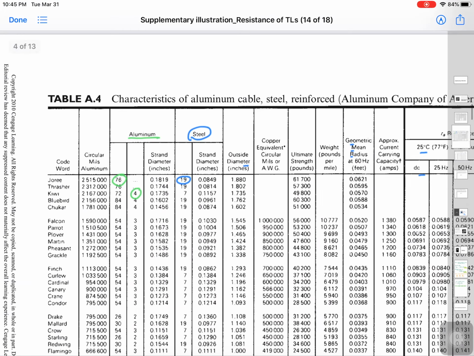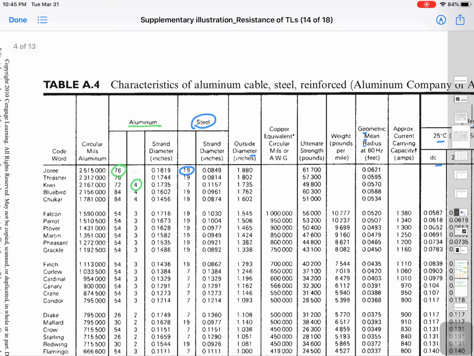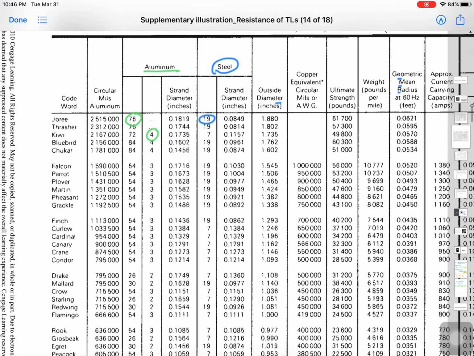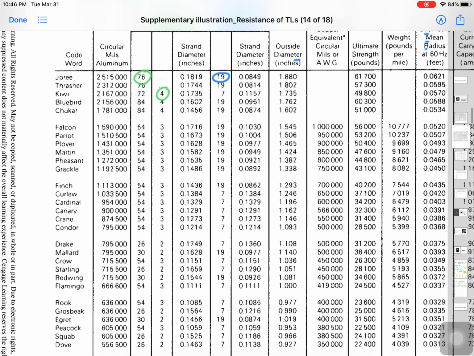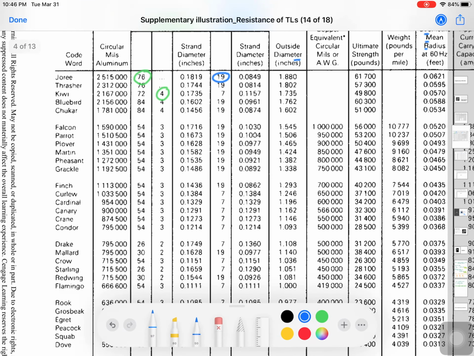So, table A4. Alright? So, the circular mil is 1113. Alright? So, it so happened that there is only one 1113 kcmil. Alright? So, there are 54 3. And then, 19 pala yung steel strand.